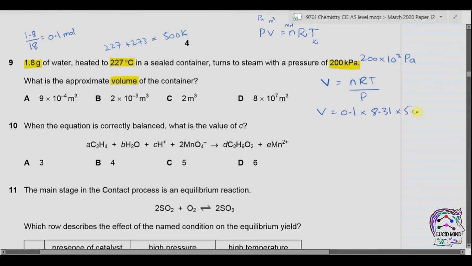Temperature is 500 Kelvin and pressure is 200 times 10 to the power 3 pascals. Calculating this, the value of V comes to be 0.002 meter cube, which can also be written as 2 times 10 to the power minus 3 meter cube. So the answer is part B.